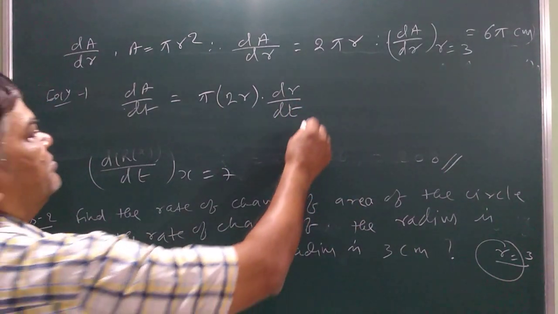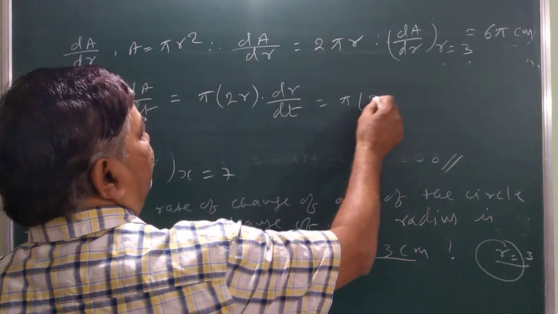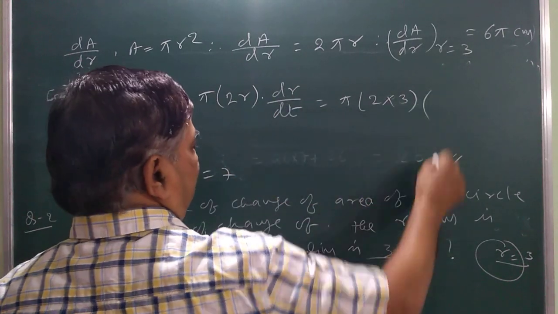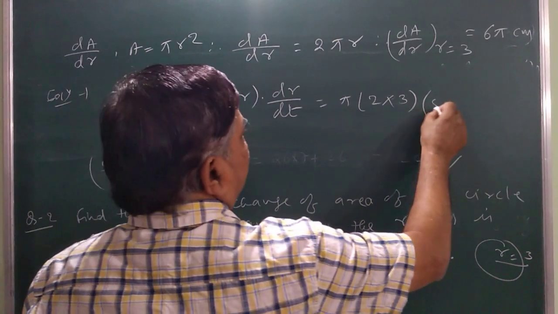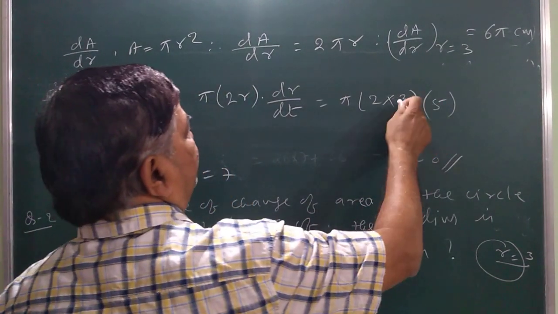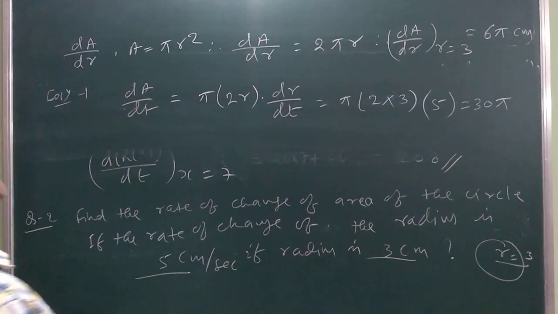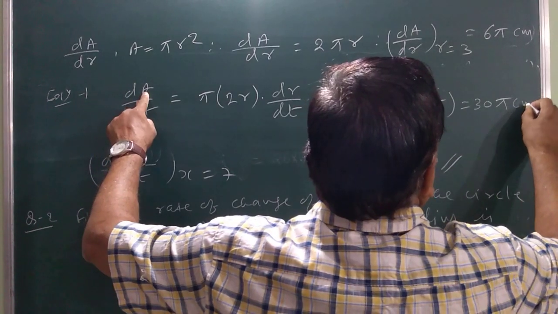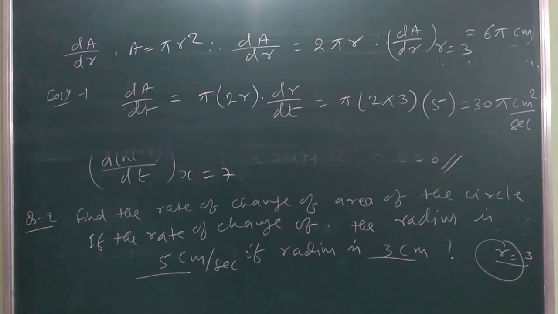Now you put the values: pi, 2, r is 3, and dr by dt, the rate of change of radius, is 5 centimeter per second. So 15 into 2 is 30 pi. 30 pi means centimeter square per second.